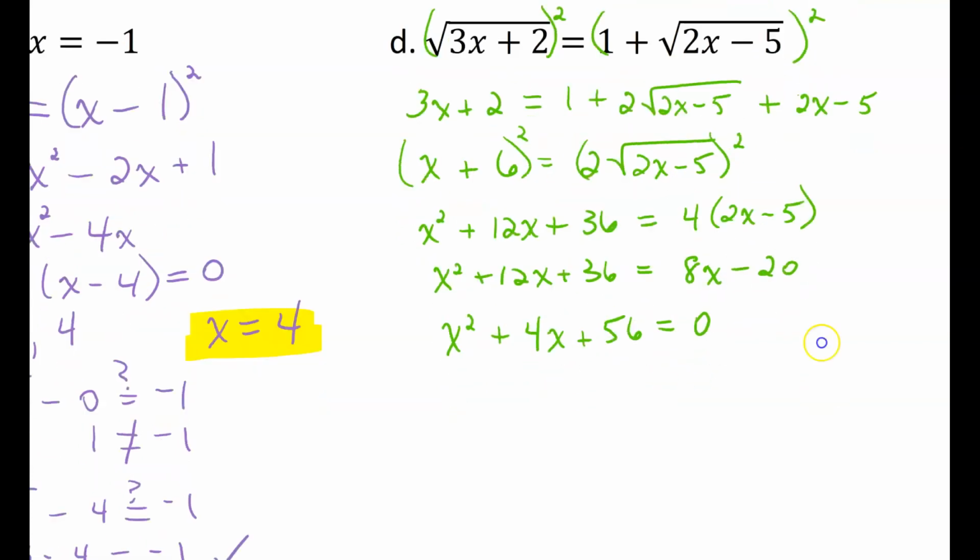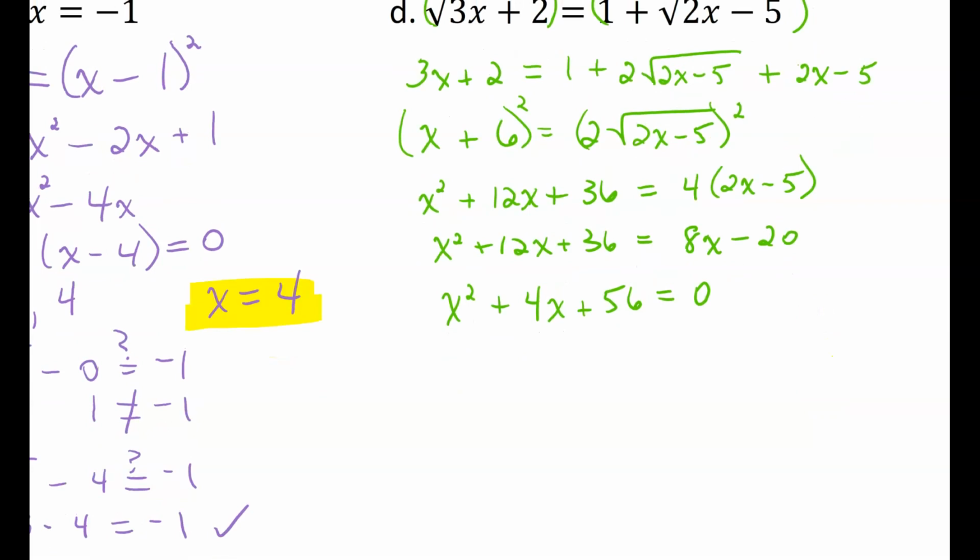All right, so again, I have a quadratic here, and I'm looking to see, is this quadratic factorable? And it is not, so I'm going to try the quadratic formula.